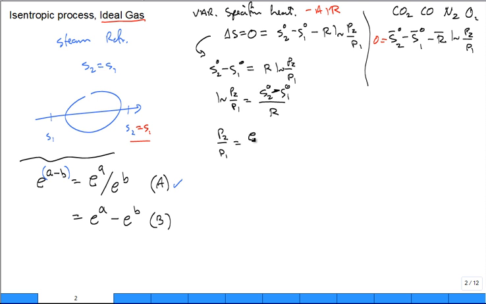We'll get e to the S naught at state 2 divided by R, divided by e to the S naught at state 1 divided by R. Remember, this was a function of temperature only. That's a function of temperature only. So what you've done is split it into a function of only temperature 2 divided by a function of only temperature 1. They give that function a special name.